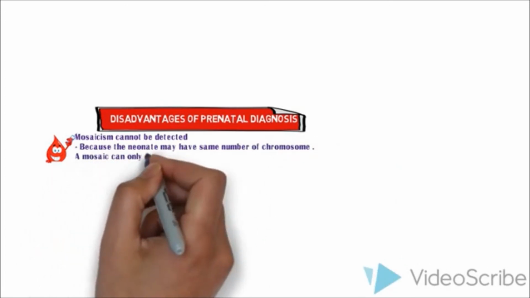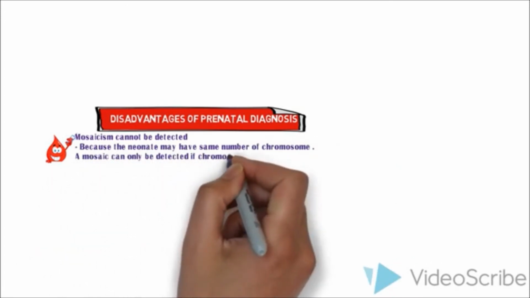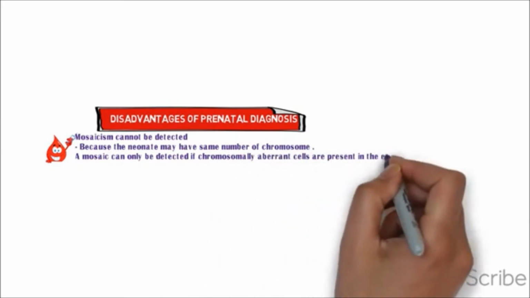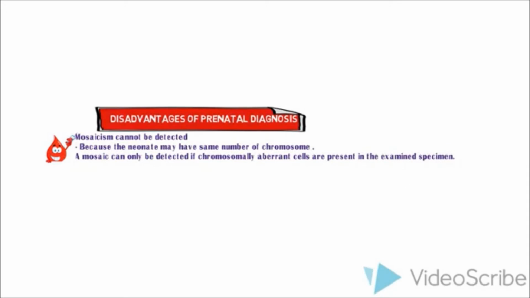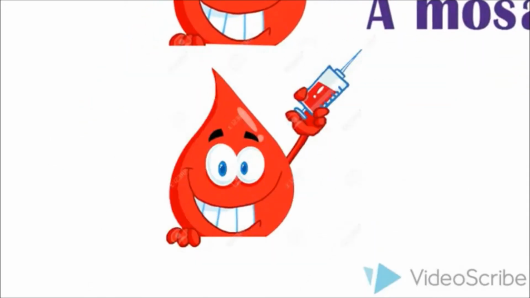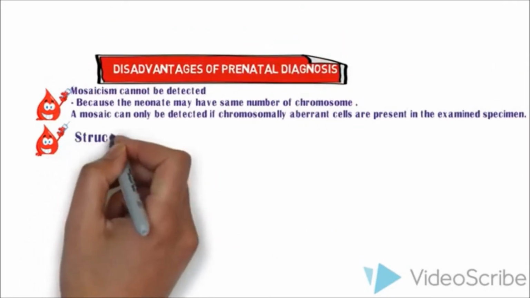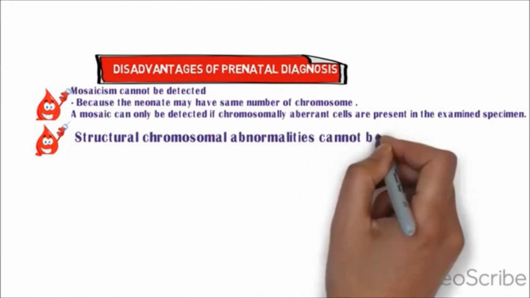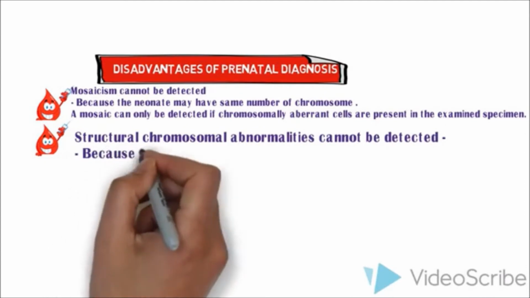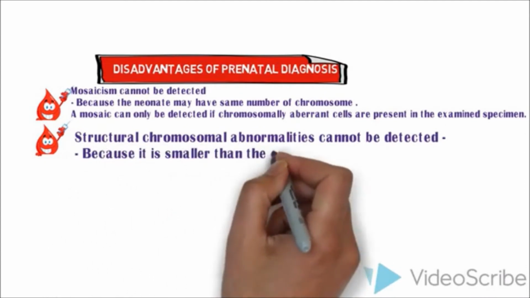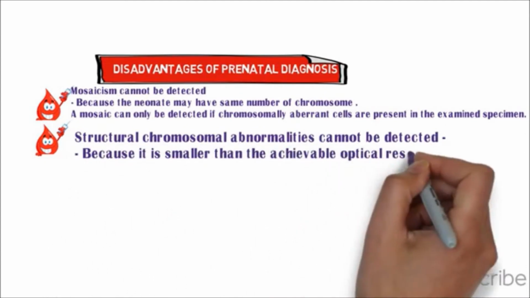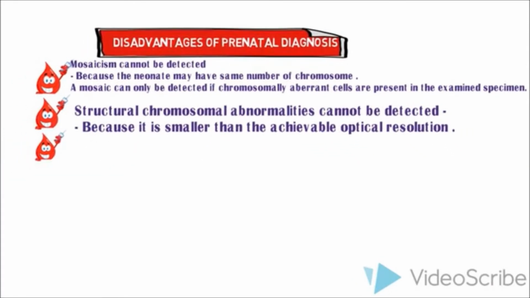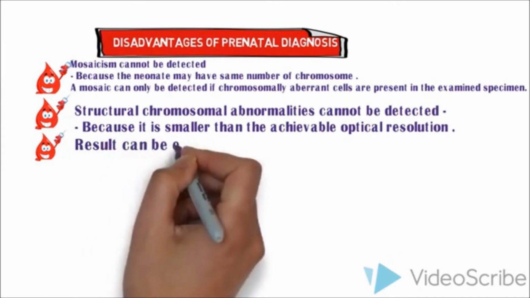As we know, a mosaic can only be detected if chromosomally aberrant cells are present in the examined specimen. The second disadvantage is that structural chromosomal abnormalities cannot be detected. It is due to the size of the chromosome, which is smaller than the achievable optical resolution. So that's why we cannot detect any structural abnormalities.